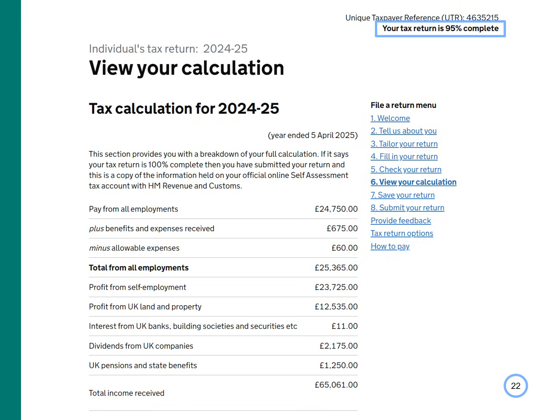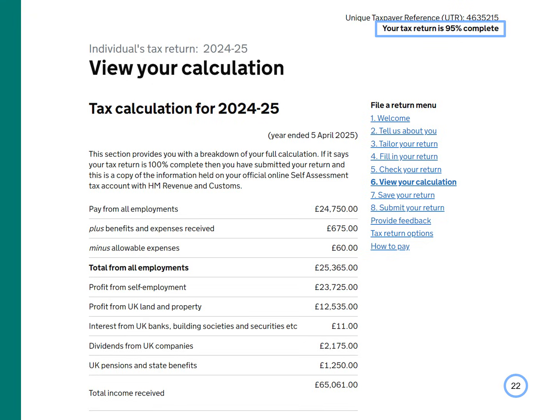It gives a detailed breakdown of how your income tax has been worked out based on the figures you've entered. Please note at the top right, it shows your tax return is 95% complete. This means it hasn't yet been submitted, after which it would show as 100% complete.